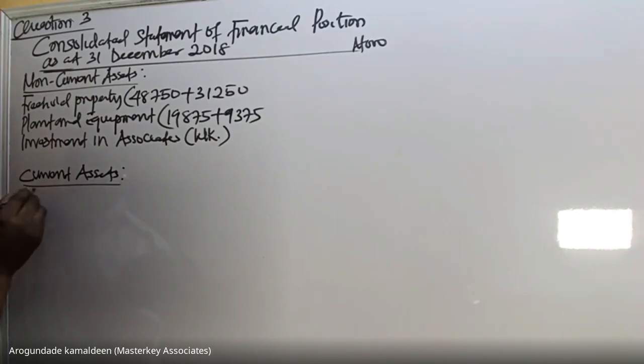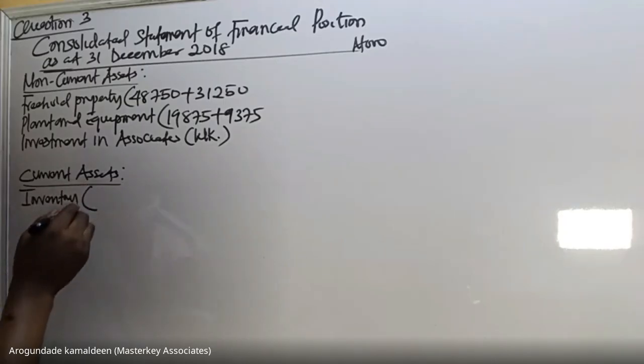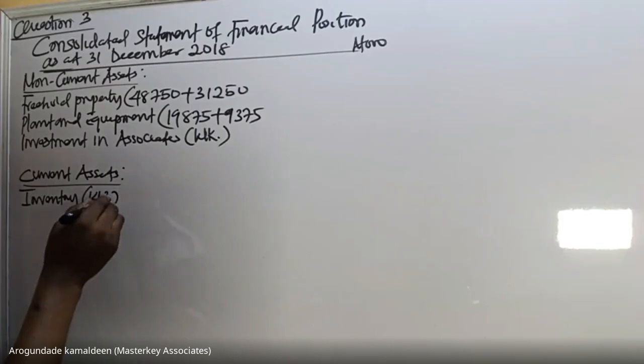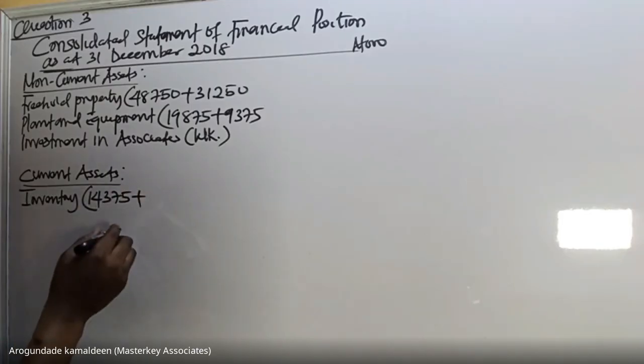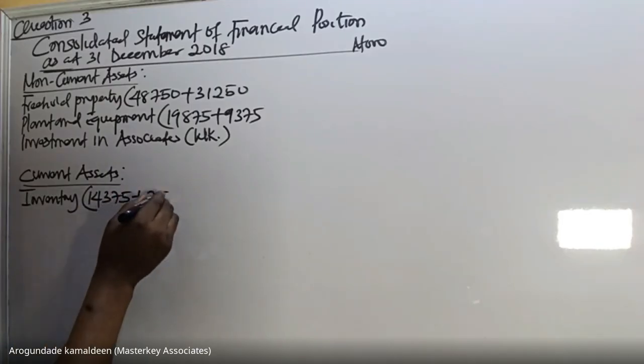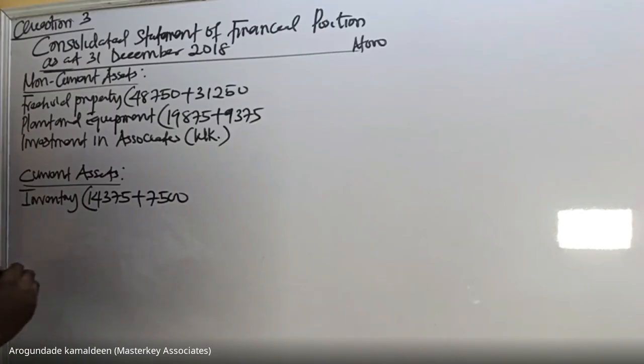Here we have inventory. We have 14,375 plus 75.